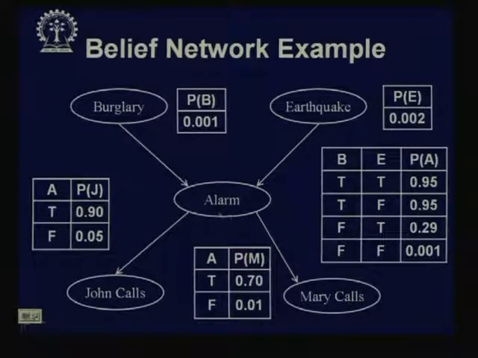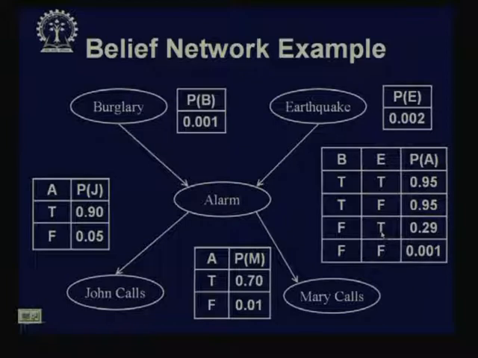Now, the alarm may be caused because of the burglary or because of the earthquake. If both of these things happen, then the probability of the alarm ringing is 0.95. If burglary occurs and there is no earthquake, then also with 95% accuracy it will ring.